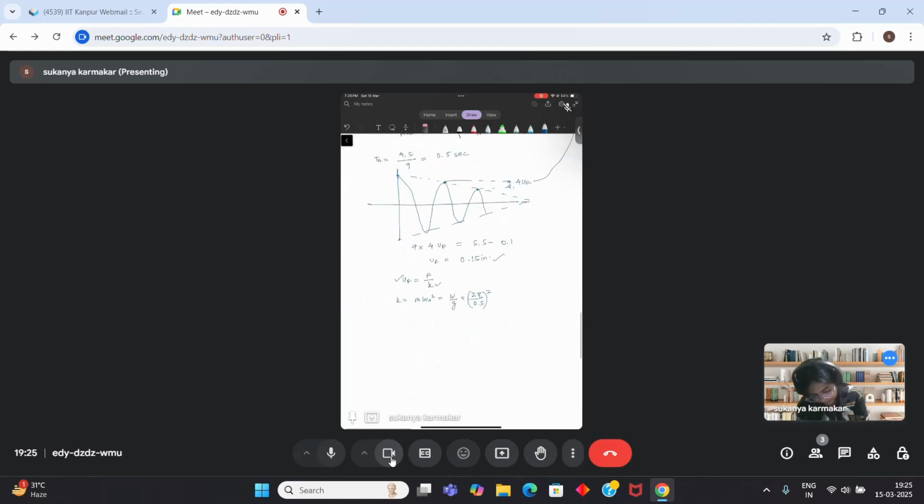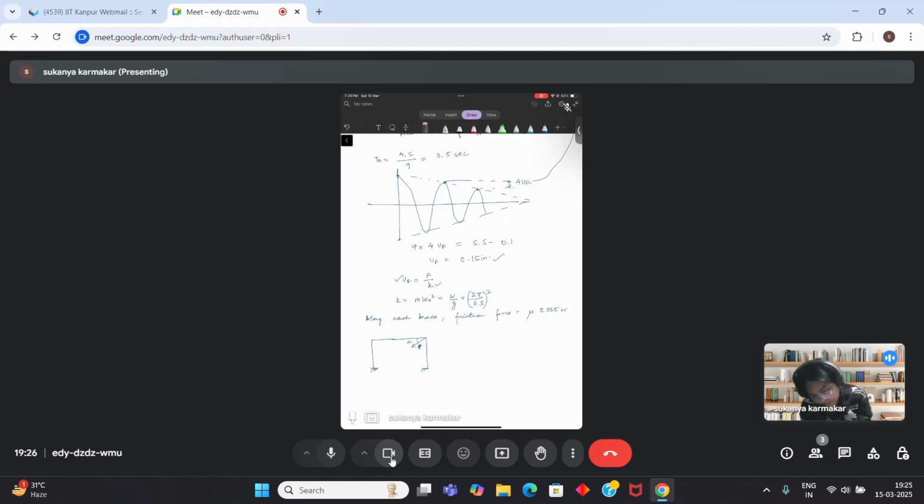Now the friction force along each brace is the number which has been given to you. Along each brace, the friction force is mu into 0.025 into W. So if I draw one brace, this angle is alpha. Friction force along one brace is this.